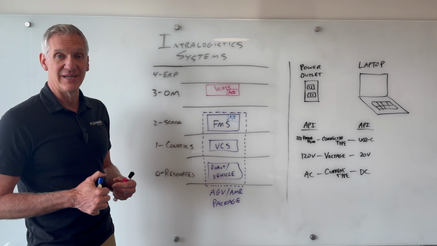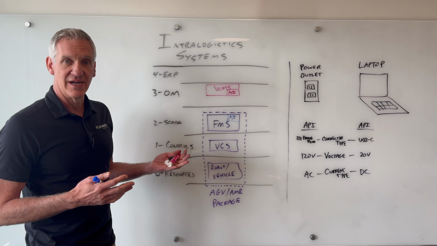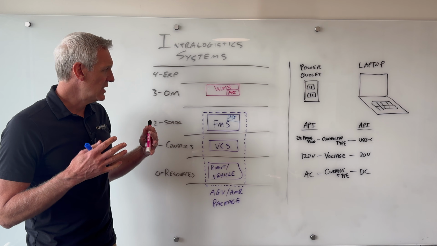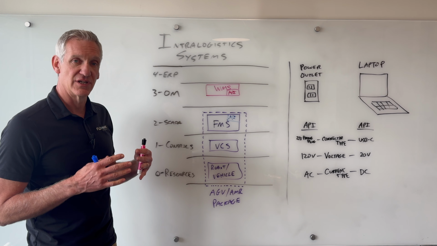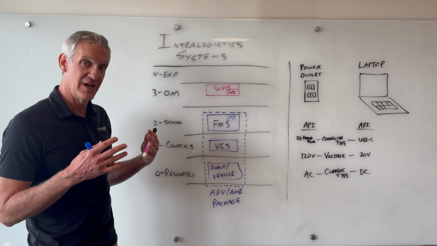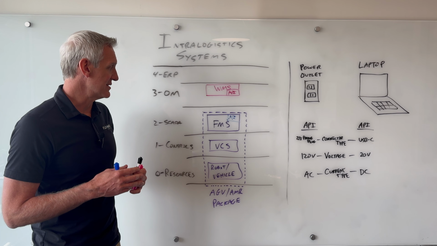And by API, we mean application programming interface, which is a fancy way of defining a specification that defines how you're going to communicate with that particular system from a software standpoint. It's your way of getting information into or out of that system.